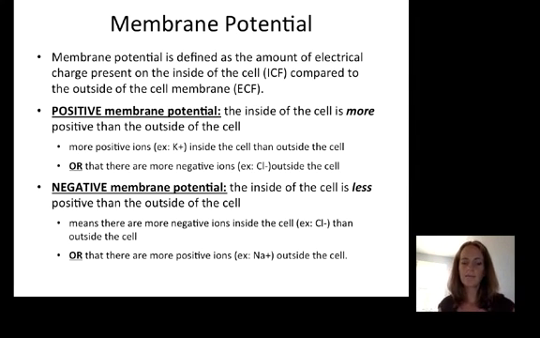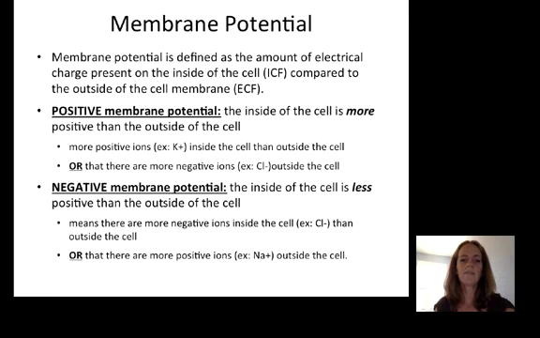So, by definition, a positive membrane potential means that the inside of the cell is more positive than the outside of the cell. And this can happen two ways. There could be more positive ions inside the cell than outside the cell. For example, you've got a lot of potassium inside the cell and not a lot of positive ions outside the cell.